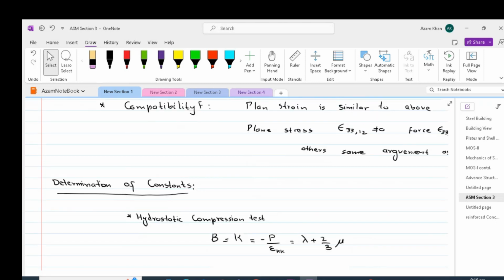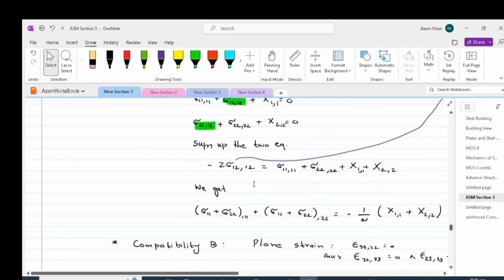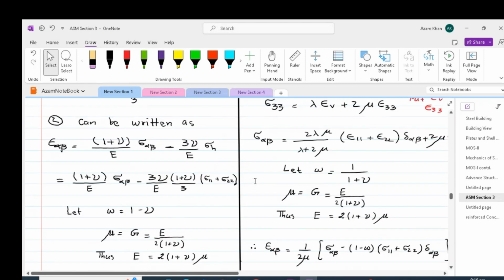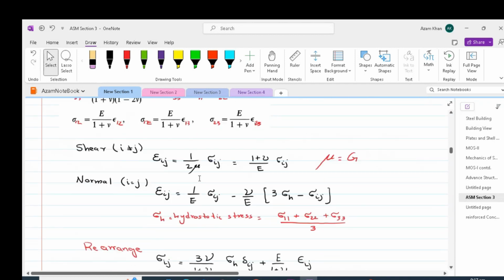Now, the final part of this presentation is to discuss the constants which we have used in our constitutive equations. So we have used different constants: mu's, G's, nu's, E's, all these constants. How to determine them? That is an important question which we should ask ourselves, because this material model has got all these constants.